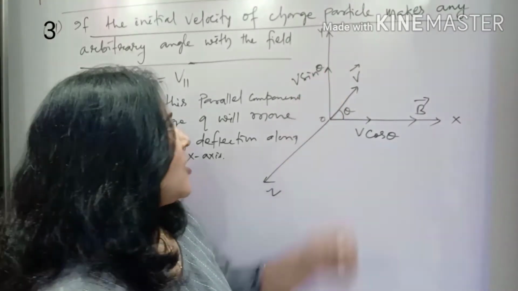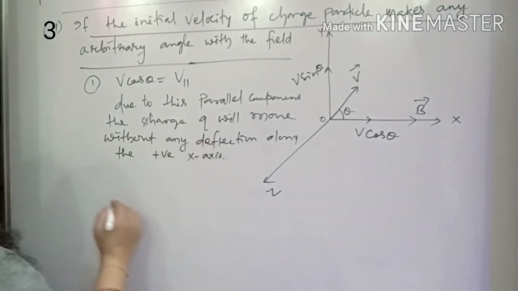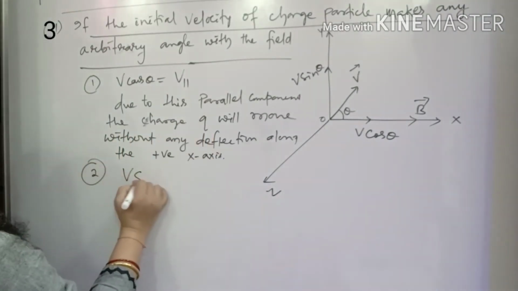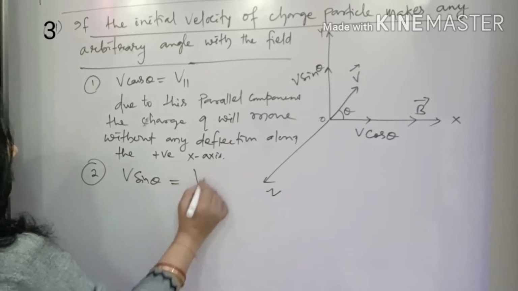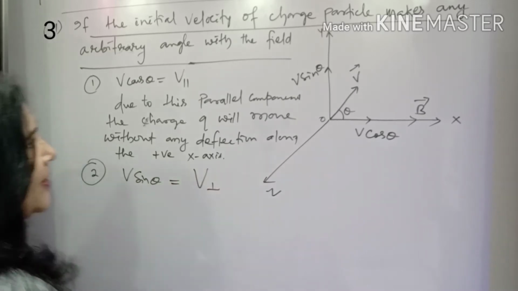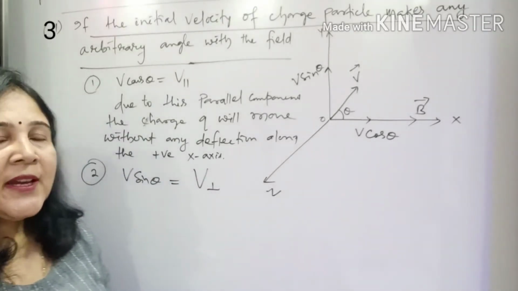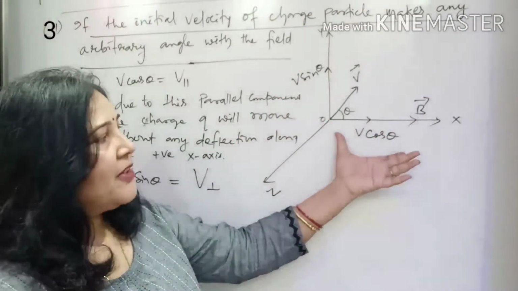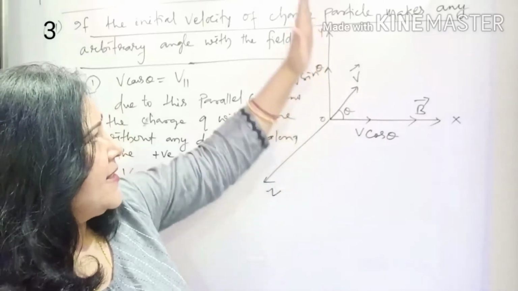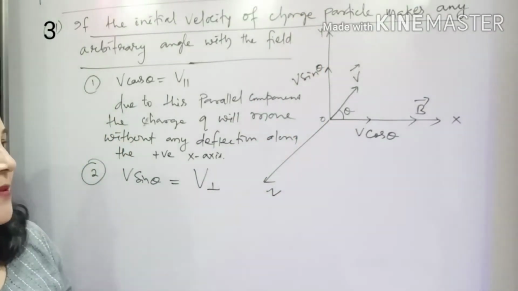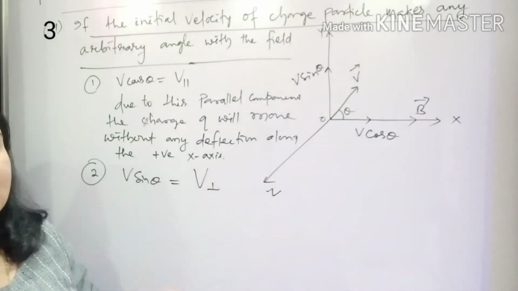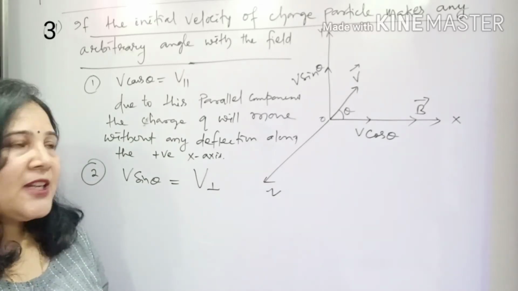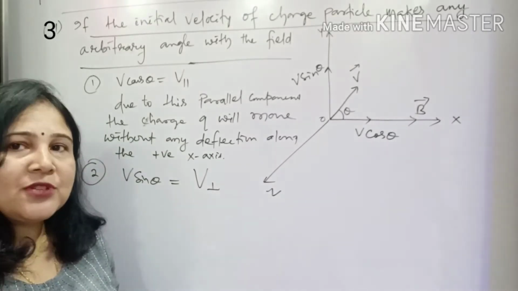But there is still another component, the v sin theta component, which is the perpendicular component of the velocity vector. Since v sin theta is perpendicular to the magnetic field, acting at 90 degrees to it, the charged particle is going to experience a force due to this component.